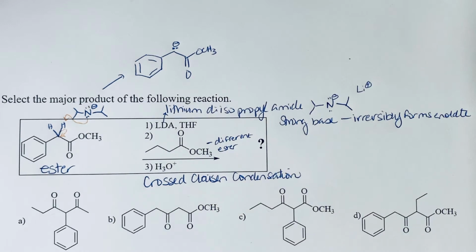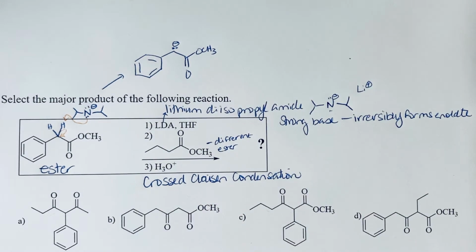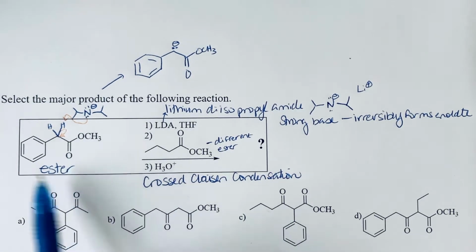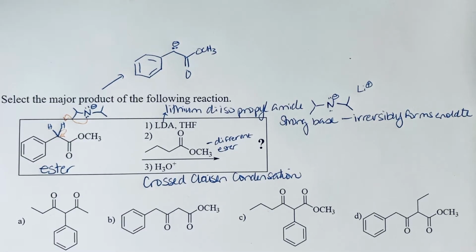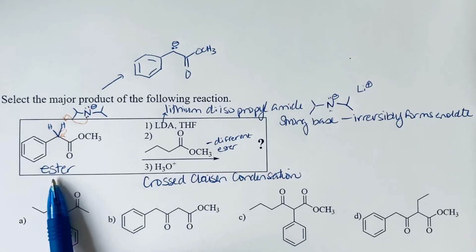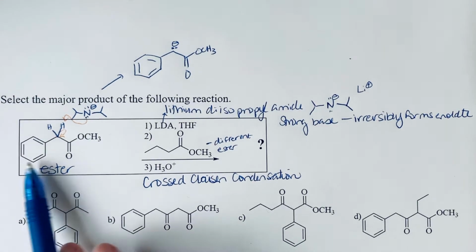We've seen in the previous couple of videos a couple examples of self-Claisen condensation, where you used a weaker base and converted some of the ester to the enolate. But if we want to bring together two different things, we want to make sure that this ester does not undergo a self-Claisen reaction. So that's why we convert all of it to the enolate.